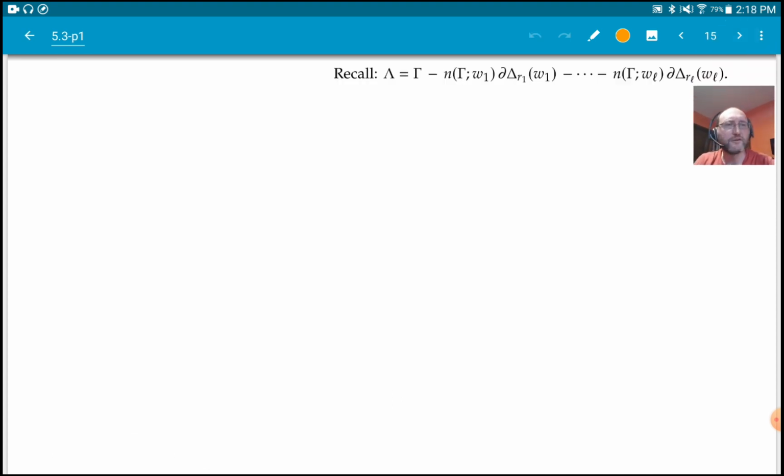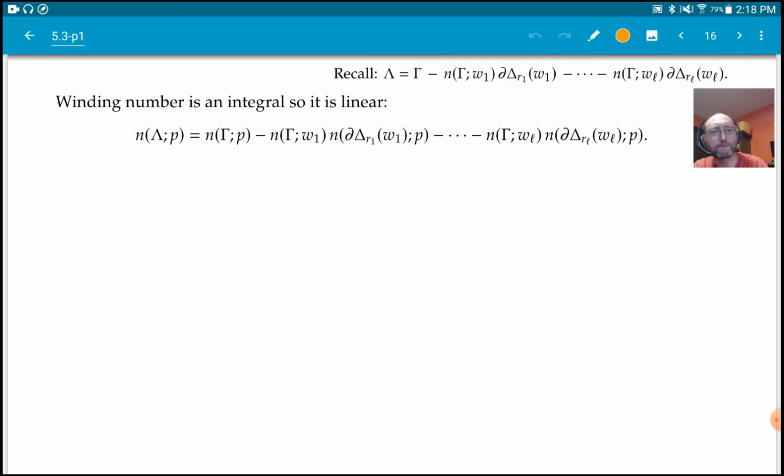All right, so just recall what lambda is. Now, the winding number is just an integral, and so we're integrating over lambda. That's just like integrating over gamma and all these guys separately, and multiplying those integrals by these numbers. It's basically set up so that it's linear like this.